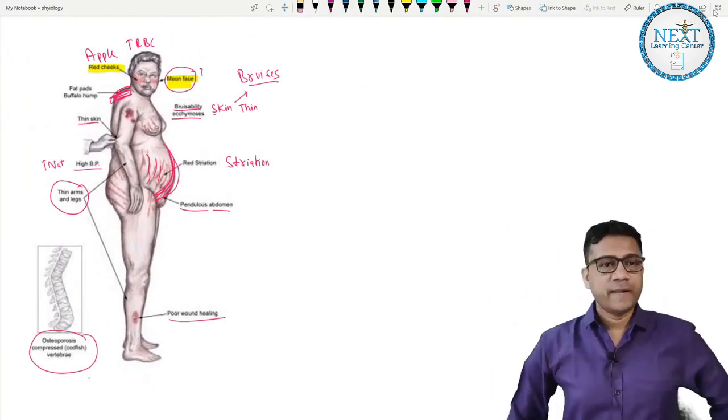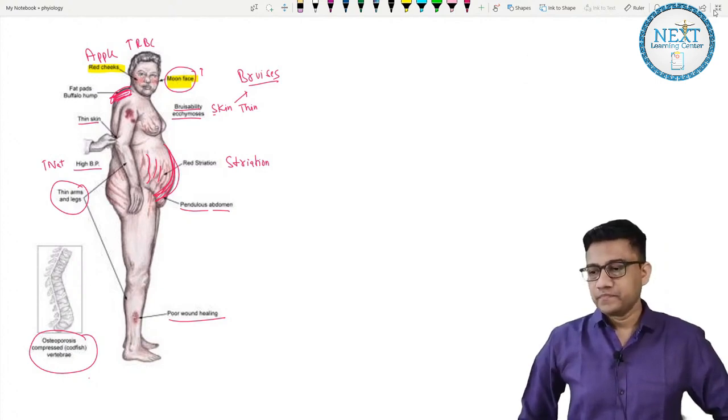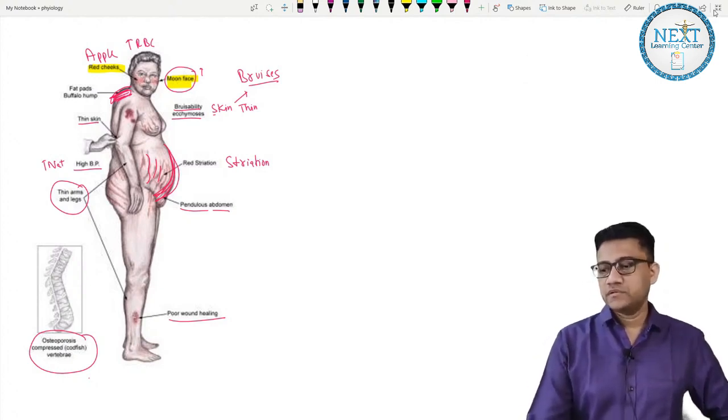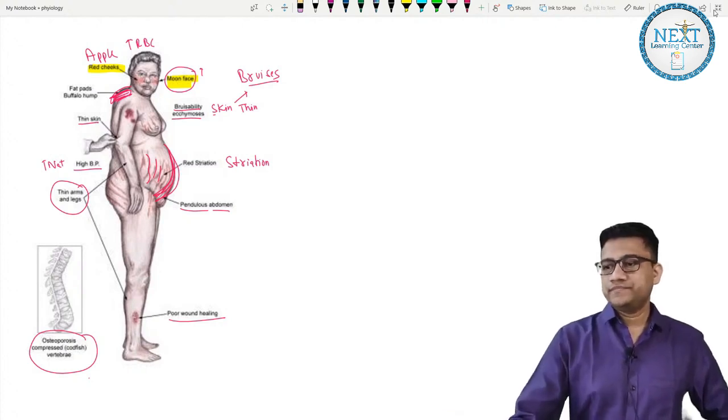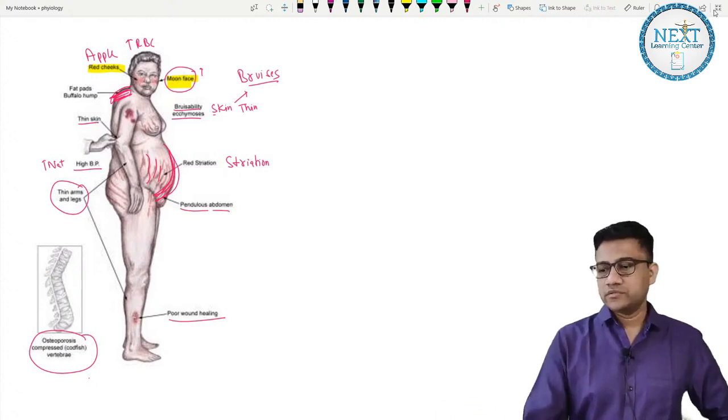What is the diagnosis of this patient? Diagnosis.